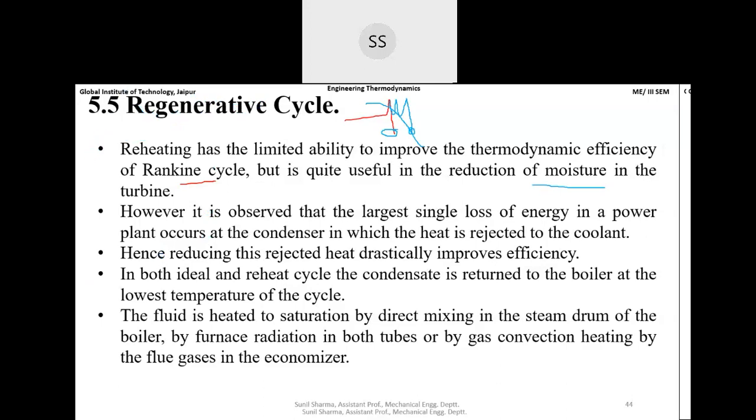The heat reduction is a requirement here, because we cannot directly send this steam of low temperature and low pressure into the boiler, because it will increase the heat addition and also make the heat addition in the boiler typical. Similarly, another thing is that it will not obey the statements of the second law of thermodynamics.